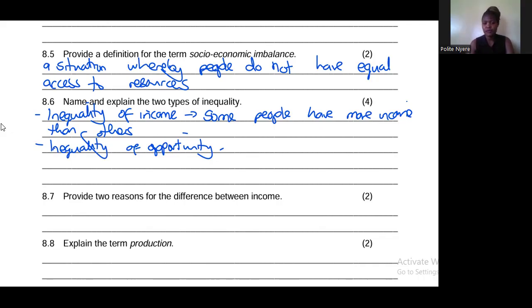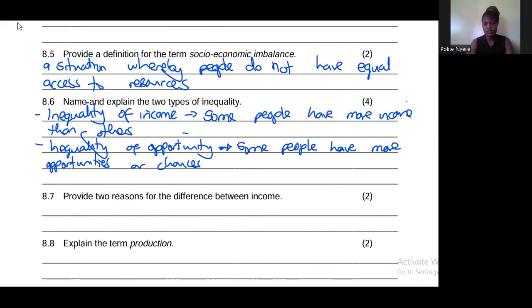For example, some people have an opportunity to go to a private school, whereas other people don't have that opportunity. So some people have more opportunities or chances than others.